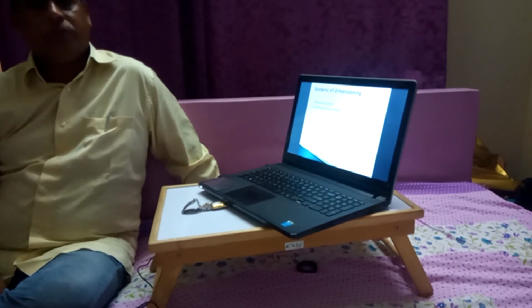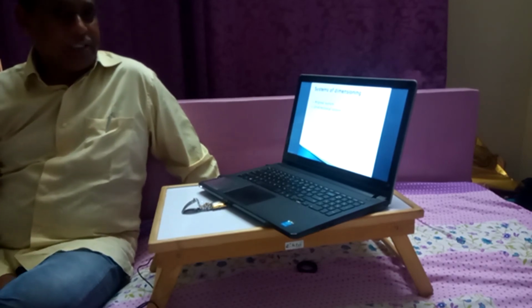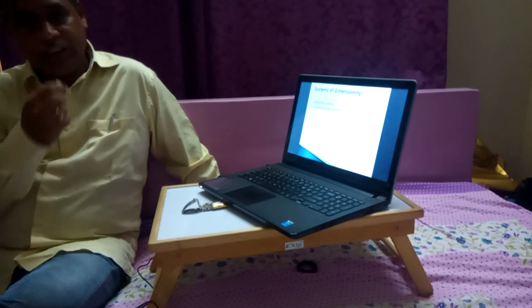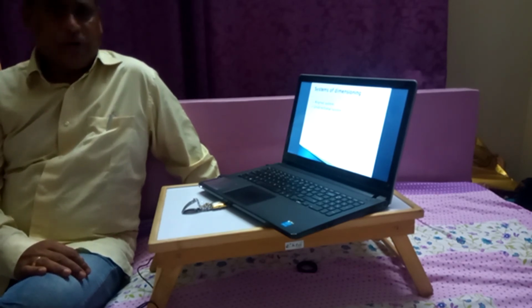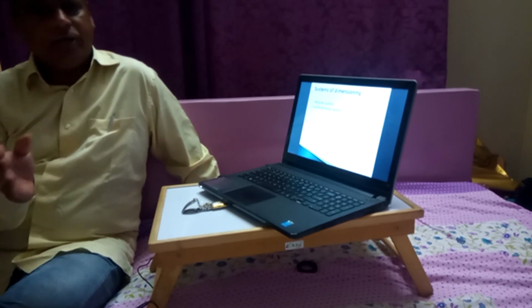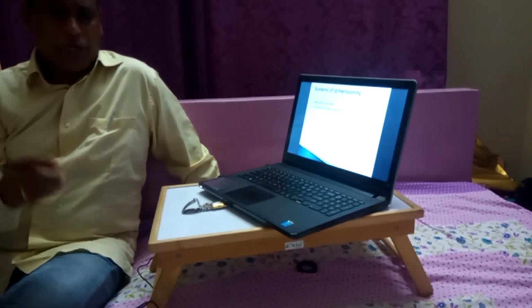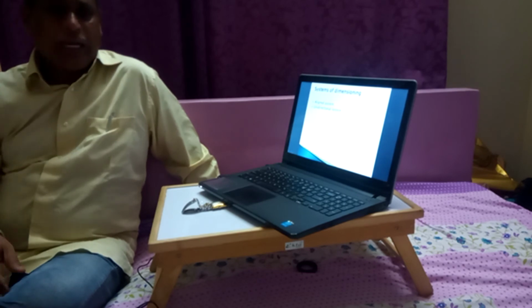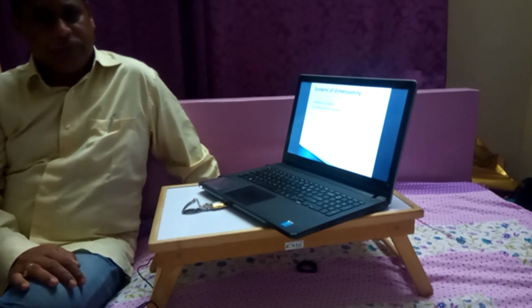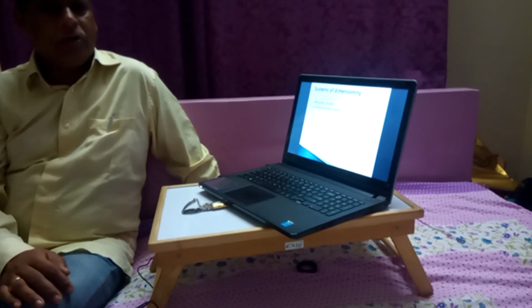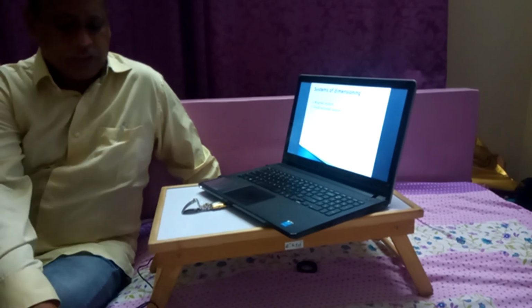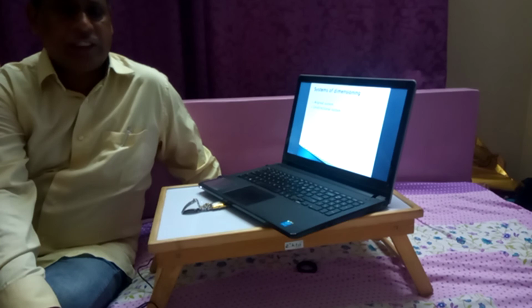So we have two systems in dimensioning, that is the aligned system and unidirectional system. The dimension may be in one direction or may be aligned to the line which we are measuring. So it can be two types, the aligned system or unidirectional system. Generally unidirectional system is followed.